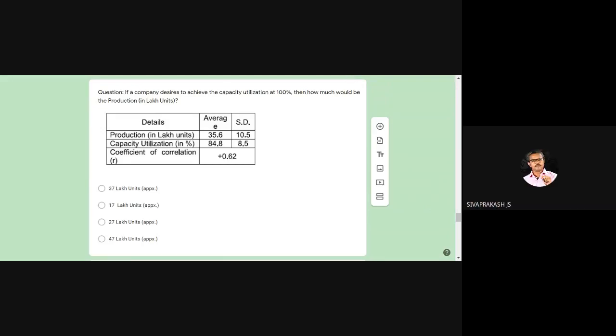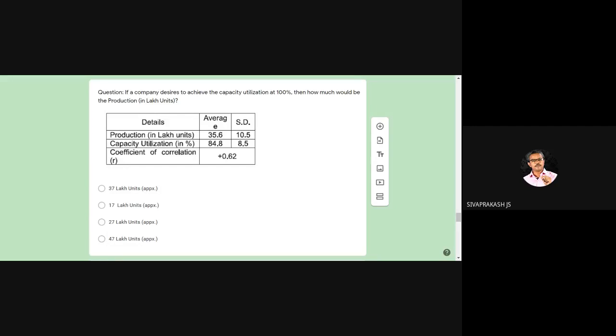They have given production and capacity utilization.